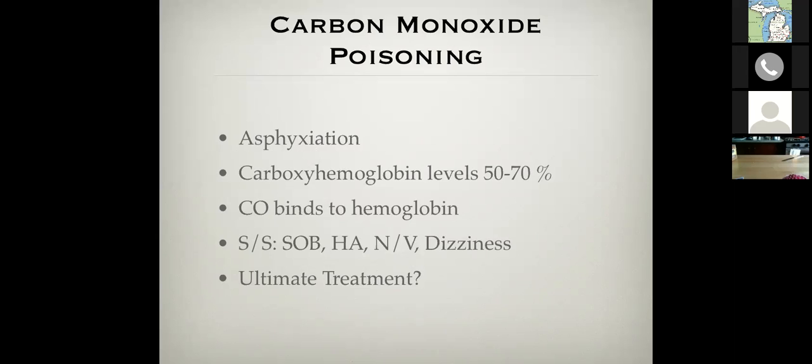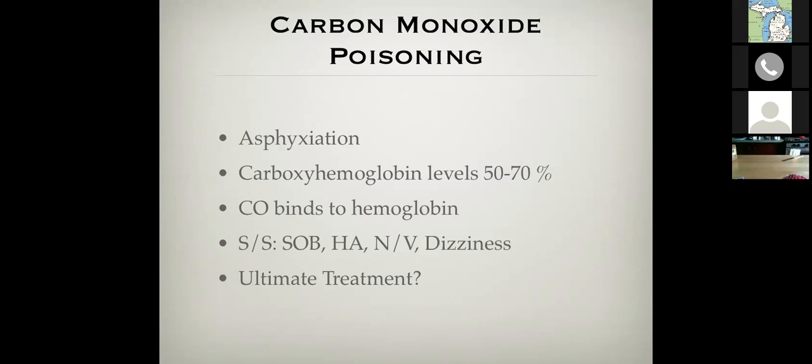The science behind carbon monoxide poisoning is that the carbon monoxide molecule binds to the hemoglobin. And ultimately that begins to cause issues with our cells, leading to damage to our organs.